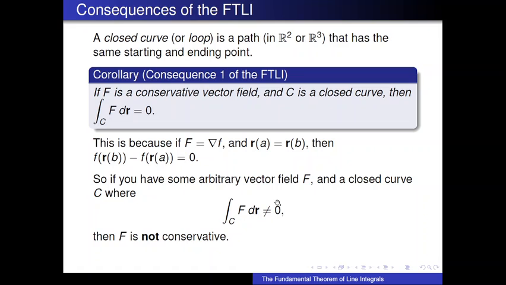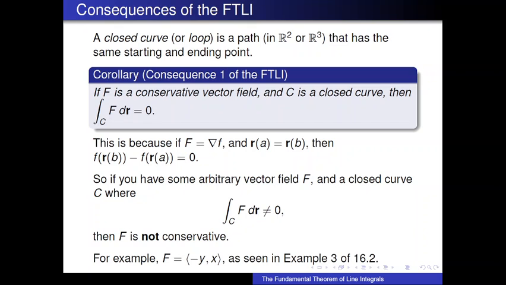So if you try to cook up a closed curve where this vector field integrates to 0, you really can't conclude anything. That's just one particular example of a curve. So it really only works this way when you have one where the integral is not 0, that you can conclude that the vector field is not conservative.